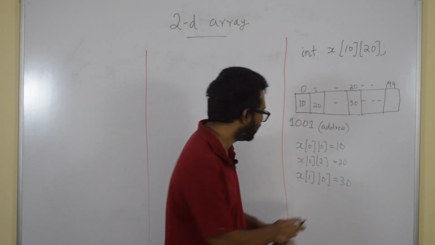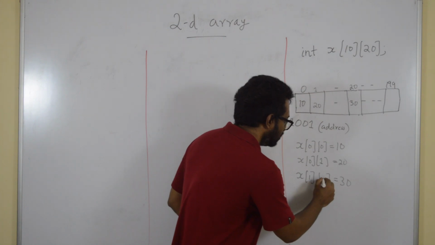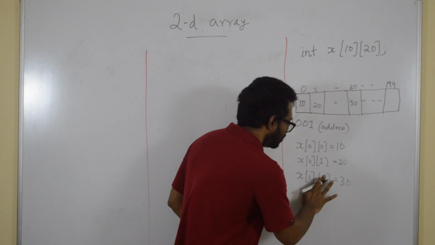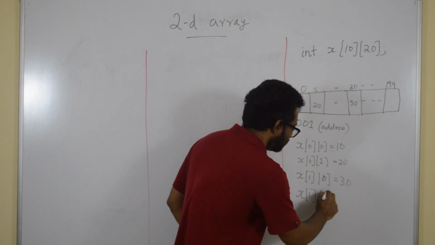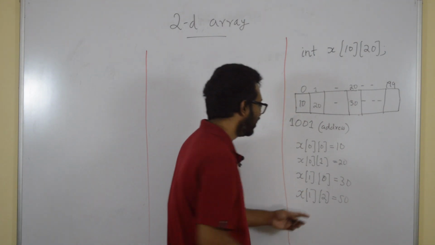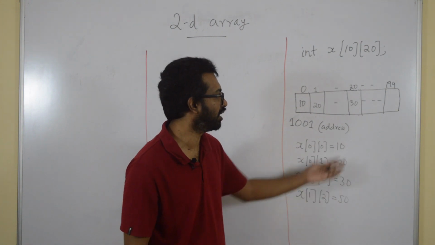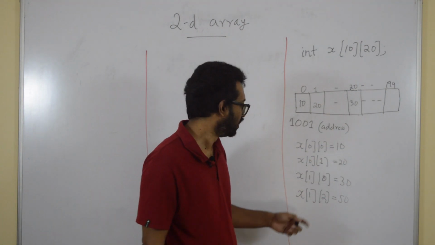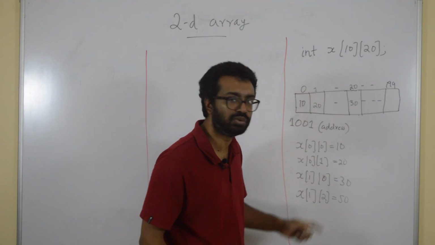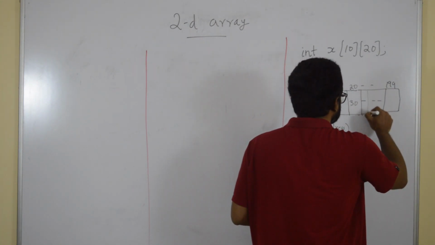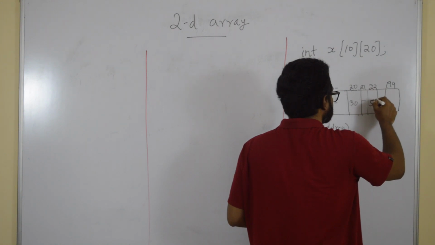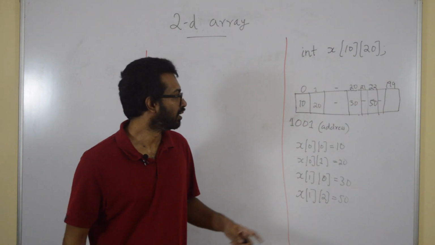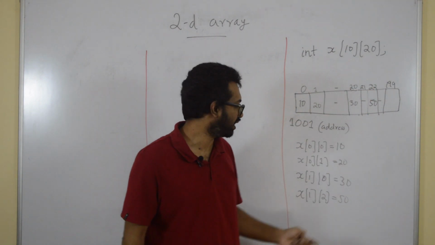Now, if I wrote x[1][2], where is this memory going to be? It will be 1 into 20 plus 2. So we are interested in the 22nd location.